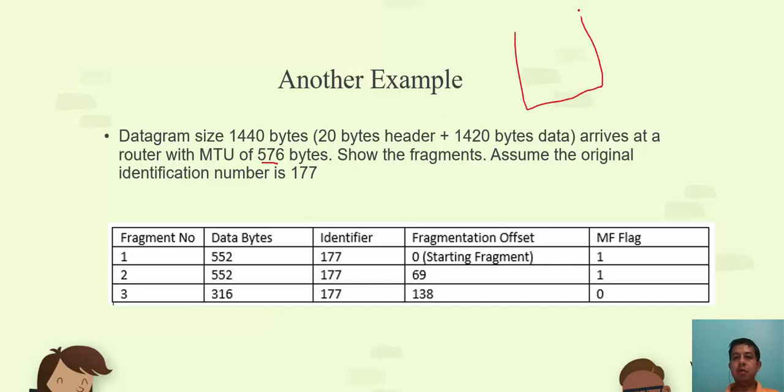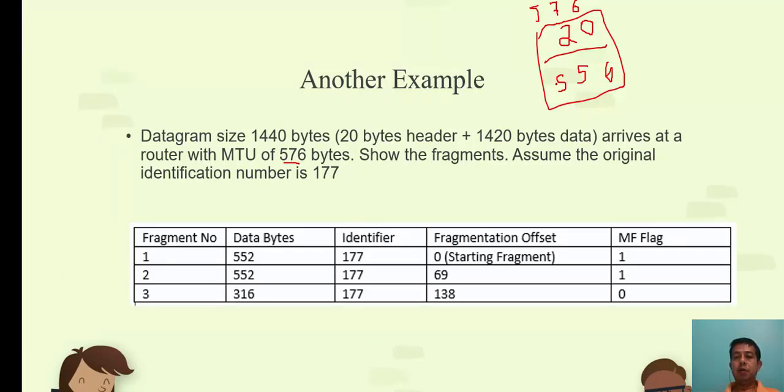The total size is 576, and out of that 20 bytes is header, so 556 bytes of data. 556 bytes of data can be there in the fragments which are created. Clear?